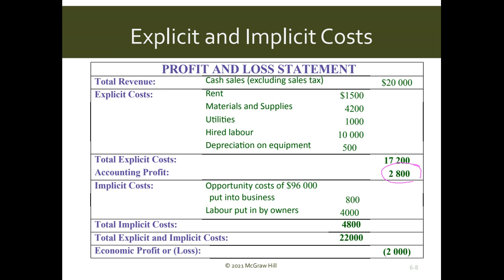Now, if you see this opportunity cost of $96,000 put into business, that is, the owner actually had already put this amount into this business. This is not implicit cost. Remember, implicit cost is the opportunity cost of this $96,000.